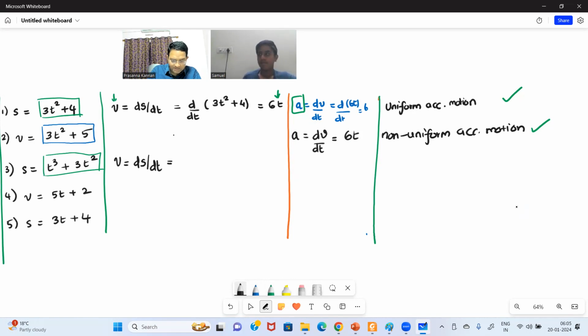What do you get velocity as? ds by dt. Yeah, go ahead, tell me. Then solve this one.